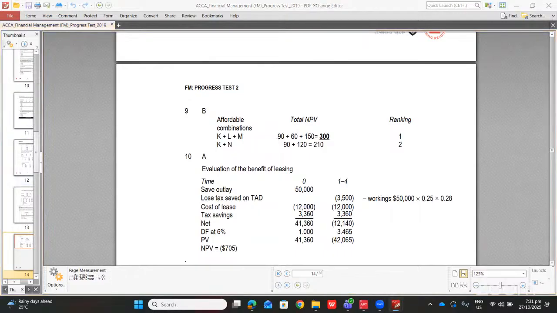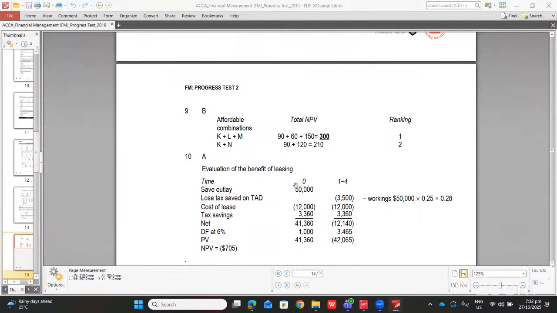And then last but not least would be question 10. They ask you, what is the net cost or benefit of leasing? So what you're going to do, of course, is the math, right? You're going to be doing your comparison. Now, y'all may not have done it this way. You probably would have worked out the NPV of purchase and the NPV of leasing.